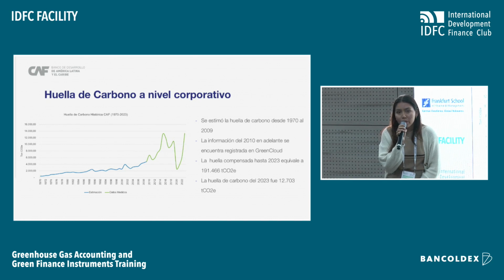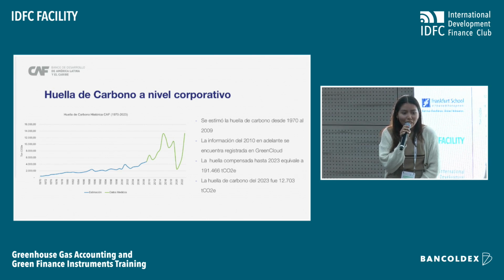CAF has the commitment of being carbon neutral for this type of emission sources. So we perform very exhaustive due diligence and evaluations to make sure that the projects we choose align with our strategy and our purpose. For instance, we look for projects in the region, so we can support the countries in the region.